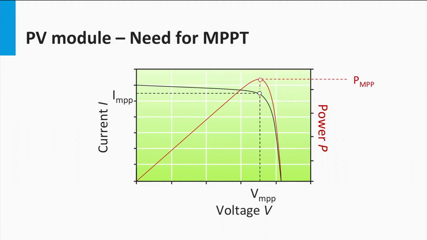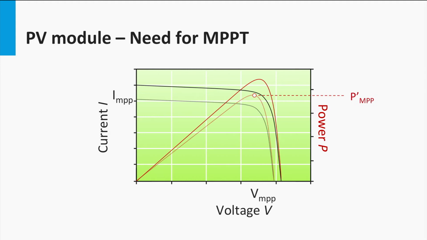But what if, after forcing the PV module to operate at maximum power point, the ambient conditions like irradiance or temperature change and in turn cause the IV and PV curves to change as well? This would mean that the old MPP is no longer valid under these conditions.